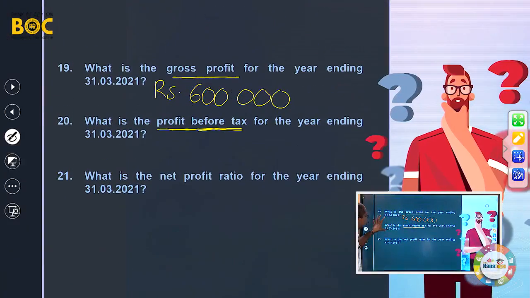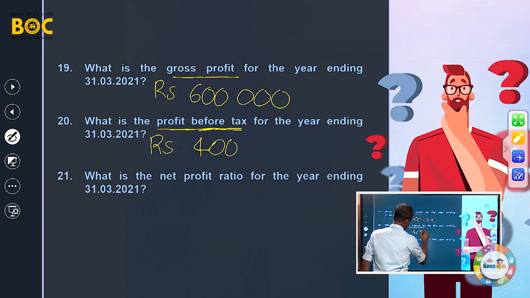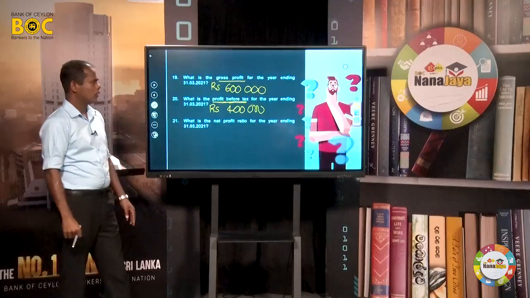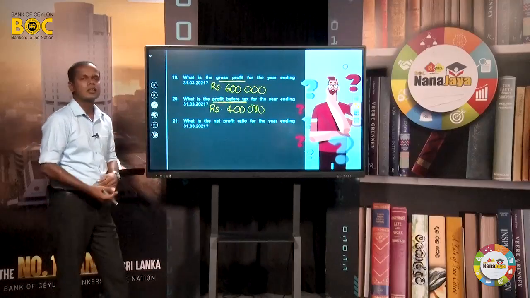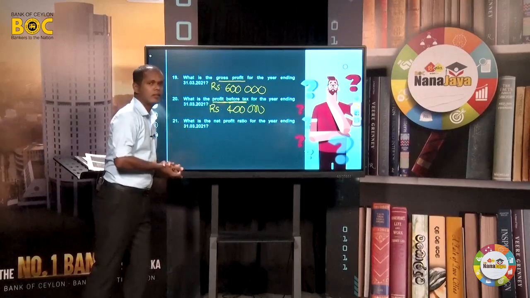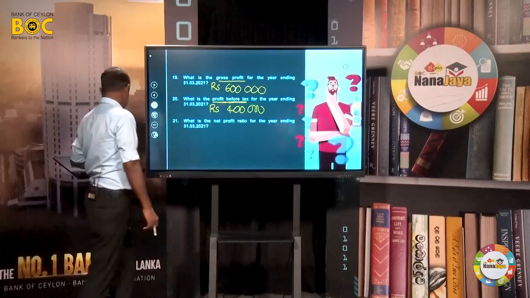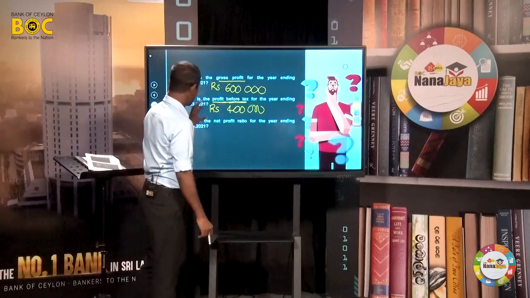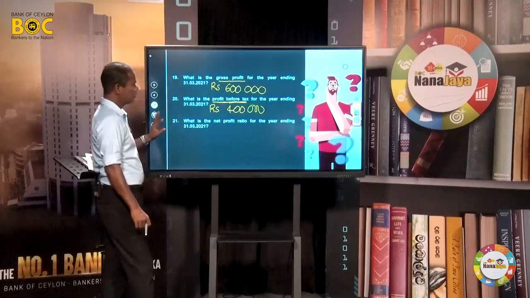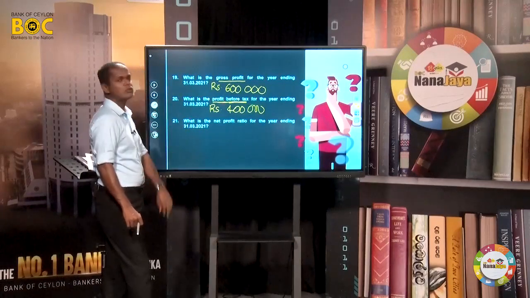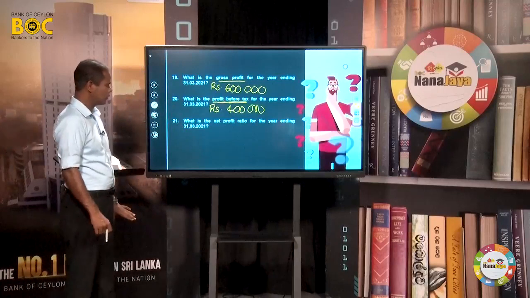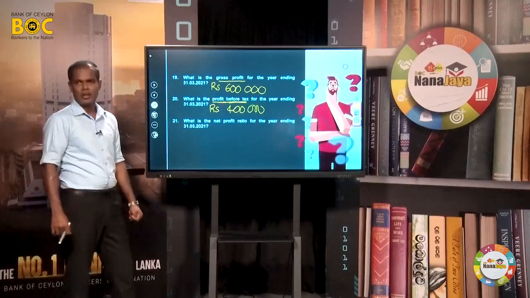The gross profit is 600,000 for the 19th question. For the 20th question, profit before tax is 400,000 rupees.